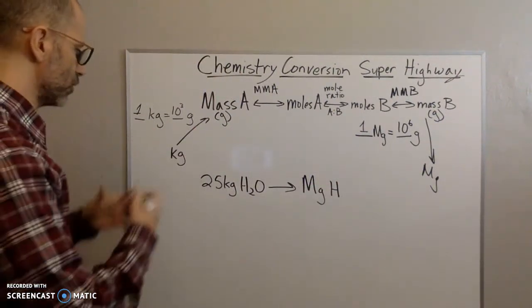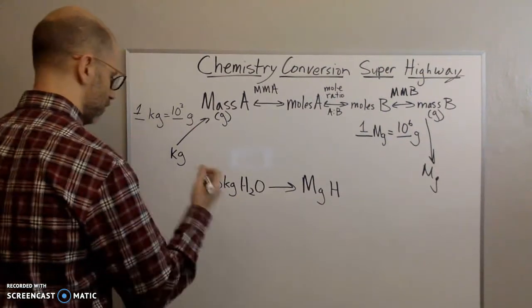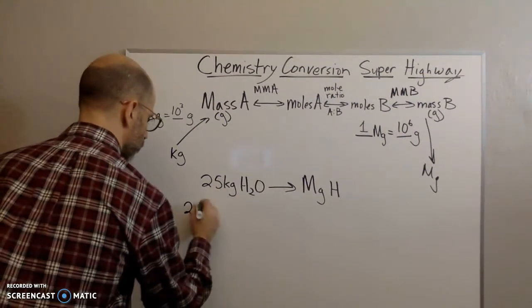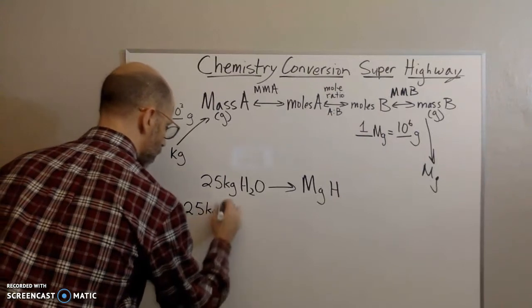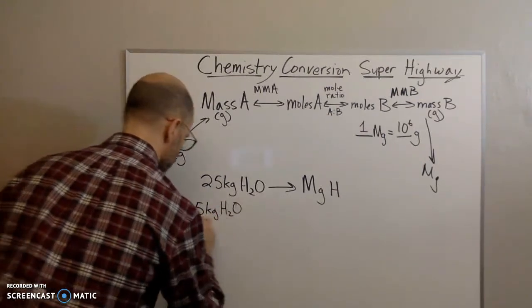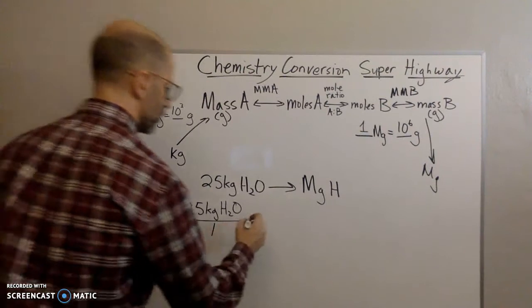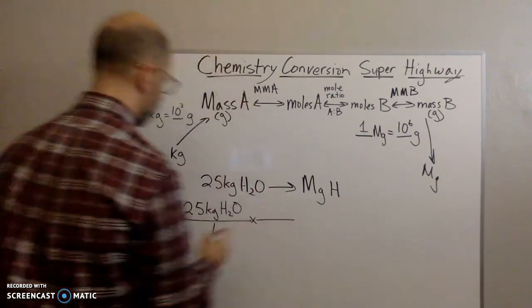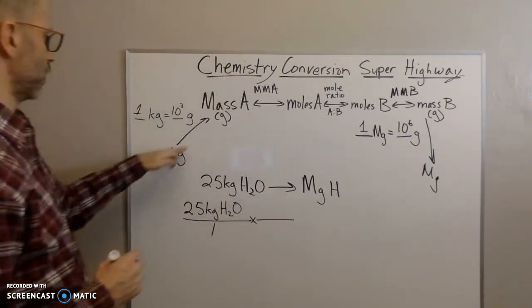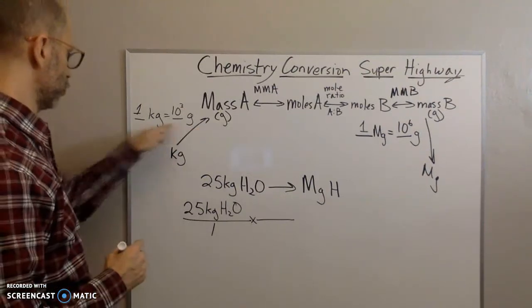So I would set up my problem. I start with 25 kilograms of water over 1. The first thing I need to do is convert kilograms to grams, so I'm going to use this relationship.